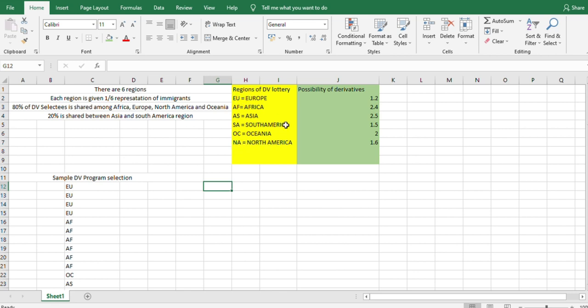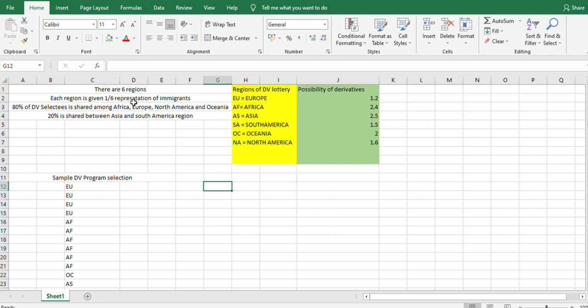So these are the 6 regions from which the selectees are taken. If you come from a country in Asia, you are in the Asia region. If you come from a country in Europe, you are in the Europe region. If you are coming from a country from Africa, you are in the African region.